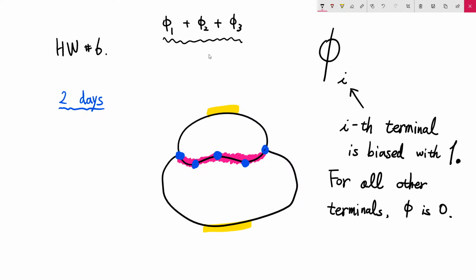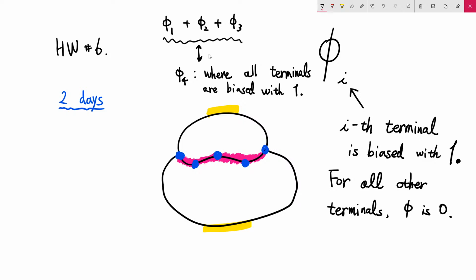And please compare that function, position-dependent function or field, with the one where all terminals are biased with value 1.